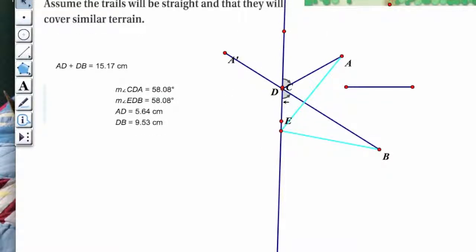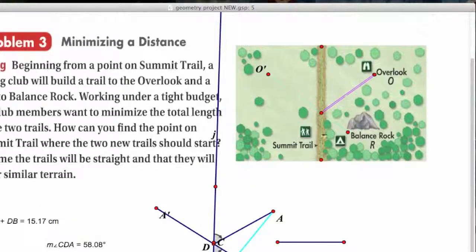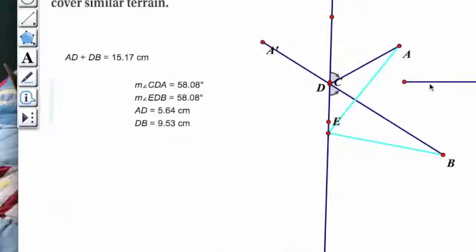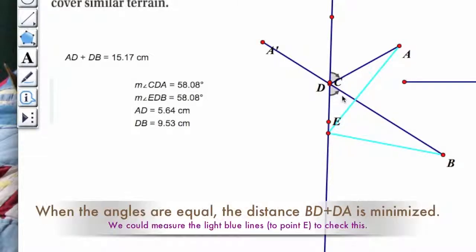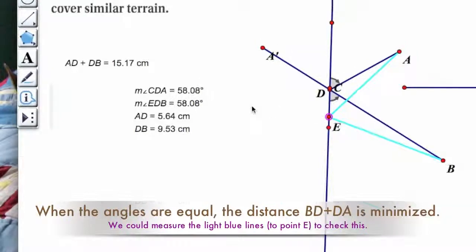And so the trail should start at point P where R O prime intersects the line. It is shown here that the angles are equal, and if you use any other point, it would be different.